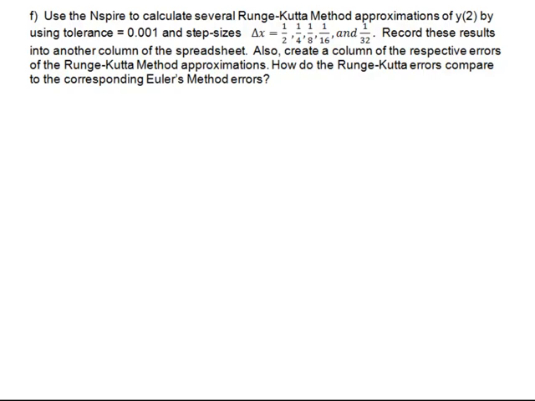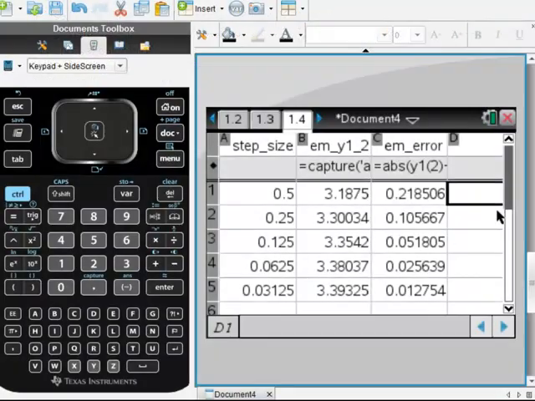Okay, let's return to the Nspire. We were here, and we last calculated a column of errors for Euler's method there. Let's go to another column here and get set up to collect some Runge-Kutta method approximations. And first let's name this column.